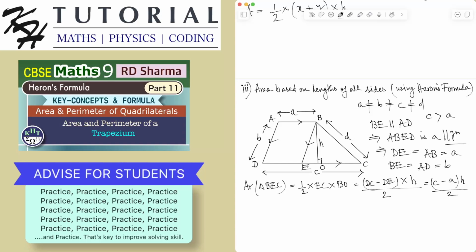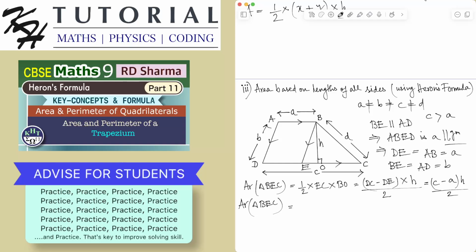Okay. Now, this was the area of the triangle BEC based on the formula half into product of base and height. But we can find the area of the triangle BEC also using Heron's formula.